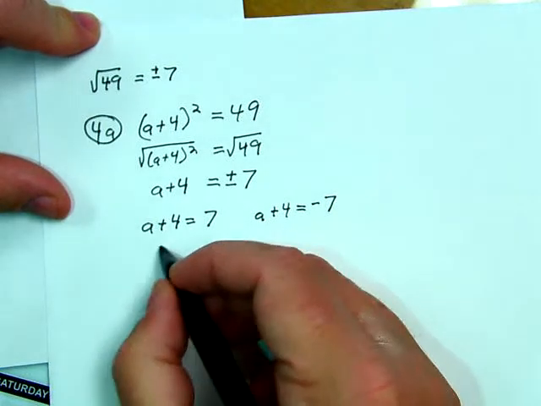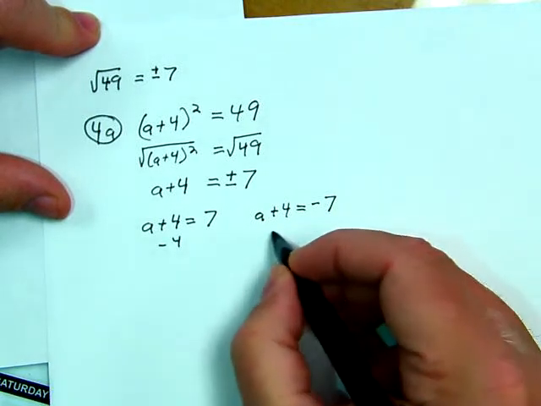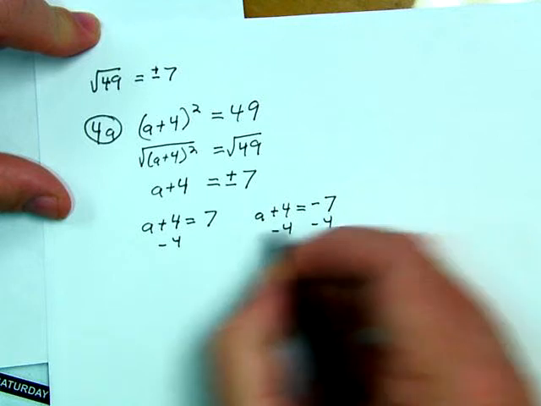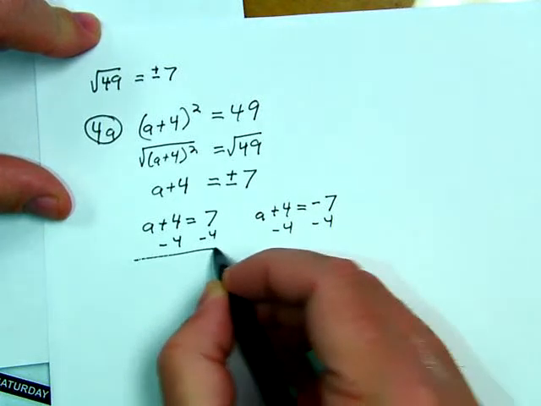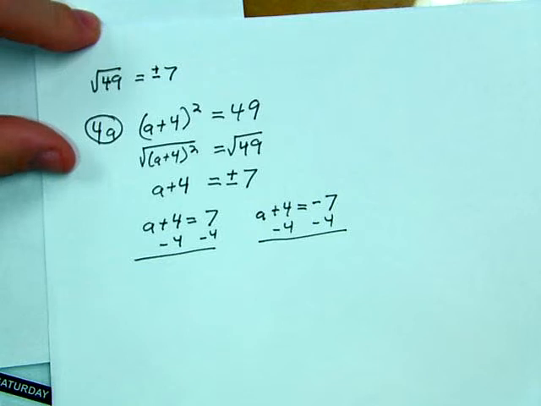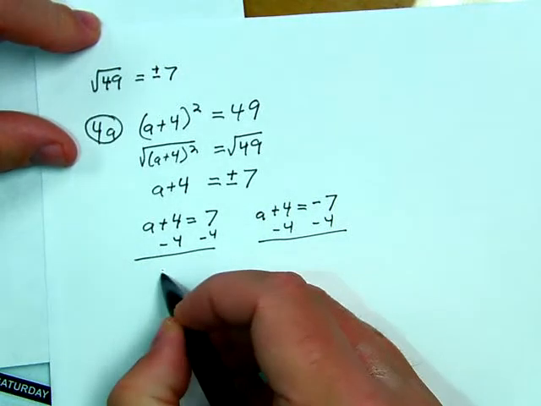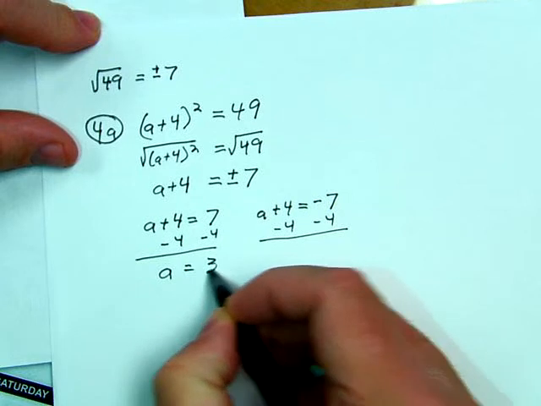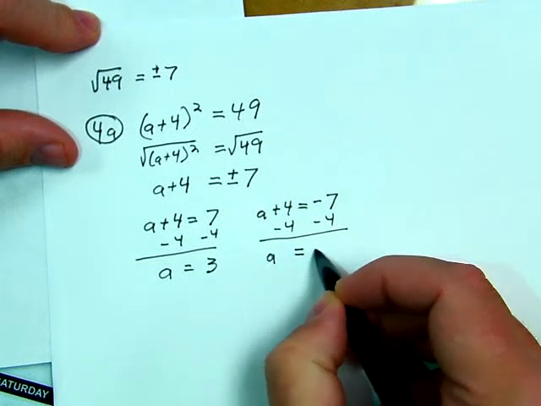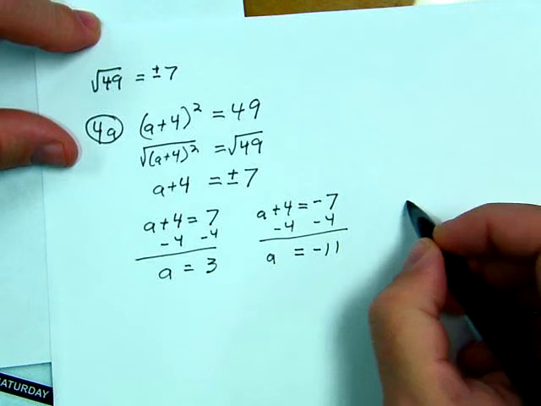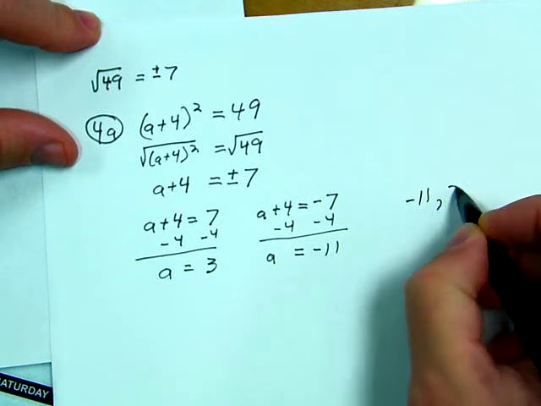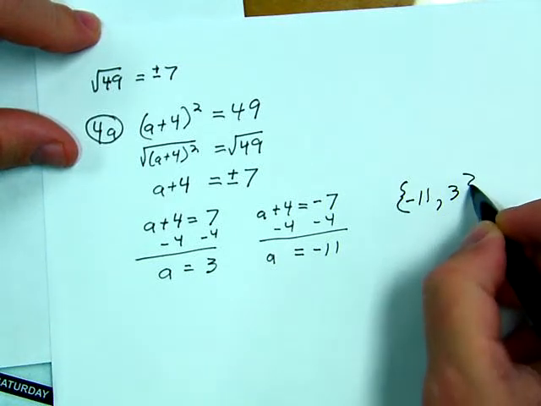Then subtract 4 from both sides on both equations. I'm solving them both at the same time, but they're 2 different equations. I'm left with a is equal to 3, and a is equal to negative 11. And that becomes my solution set.